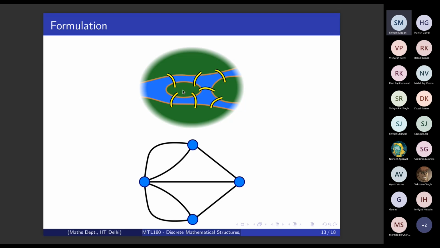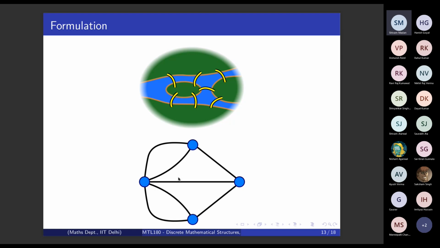Similarly, this and this by two bridges, so two edges. Similarly, this portion by one bridge, so we take one edge. Similarly, this and this portion by one bridge, so one edge. This portion by one bridge, so one edge.